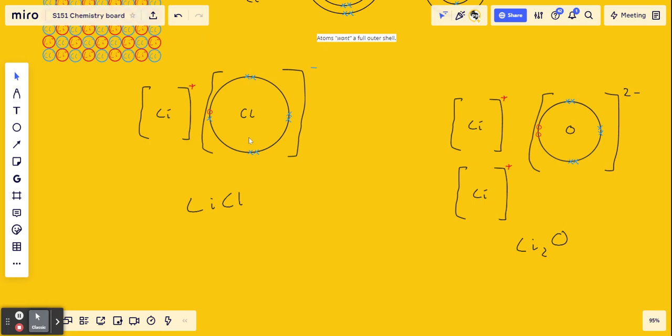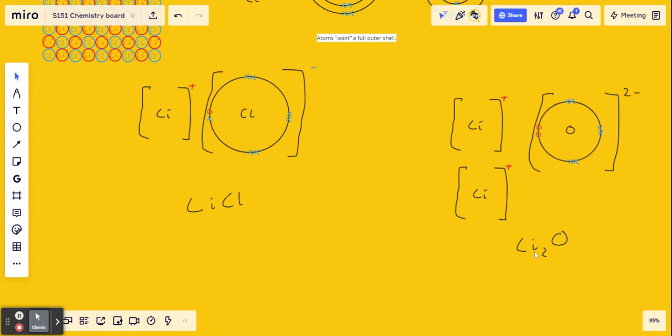This is how you draw the actual bond, but it can lead to some confusion because people imagine them to be like molecules of lithium chloride and molecules of lithium oxide. There's no such thing as a molecule of lithium chloride or a molecule of lithium oxide, because you cannot have an ionic molecule. Ionic substances do not form molecules, they form lattices.